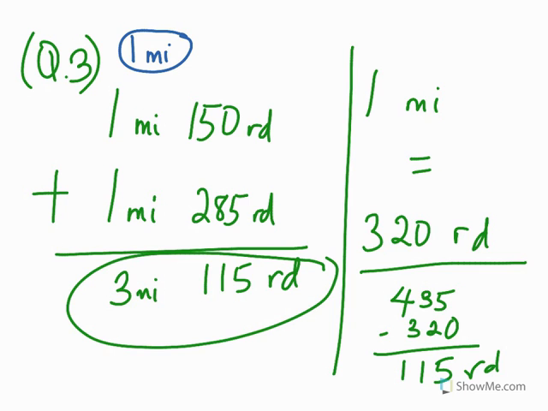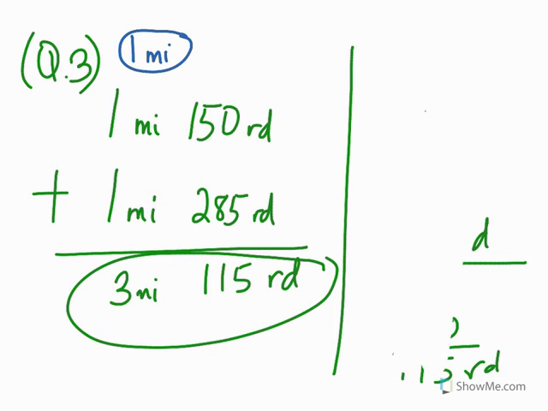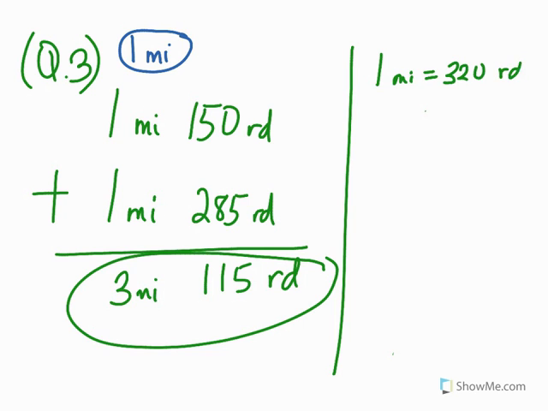Now, let me explain this question again using another method. Some people might do it this way. They might say, okay, let's do it by proportion. 1 mile is 320 rods.